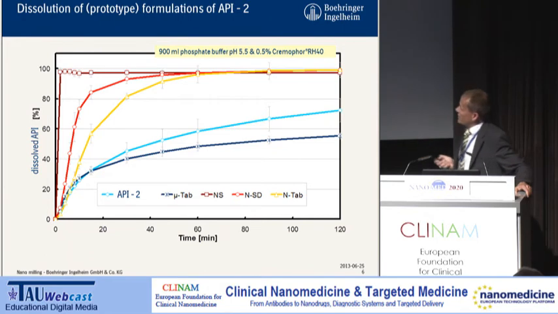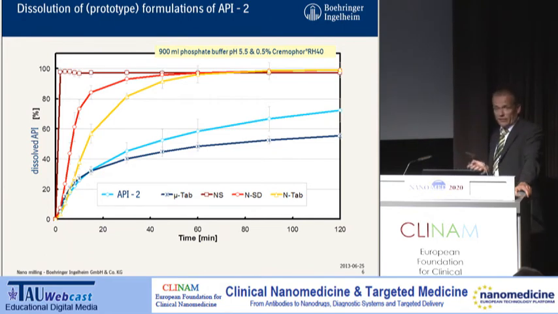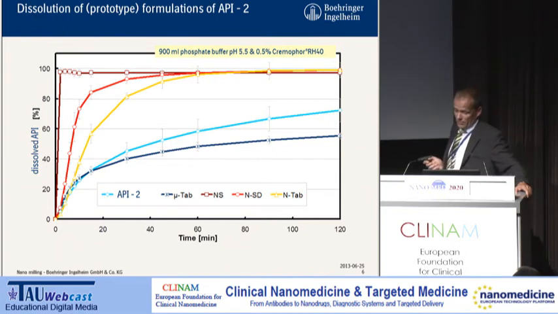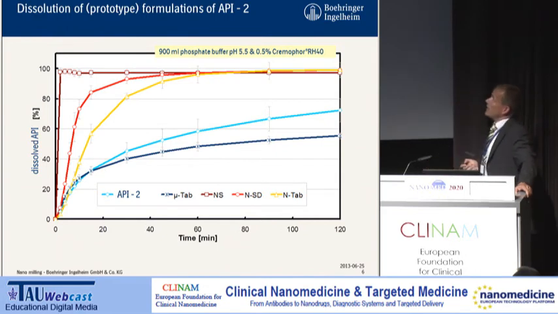And if the spray dried product is even formulated as a tablet, again some performance is lost in the first few minutes, but the superior performance compared to the original drug or the tablet containing the crystalline large particles is obvious here.